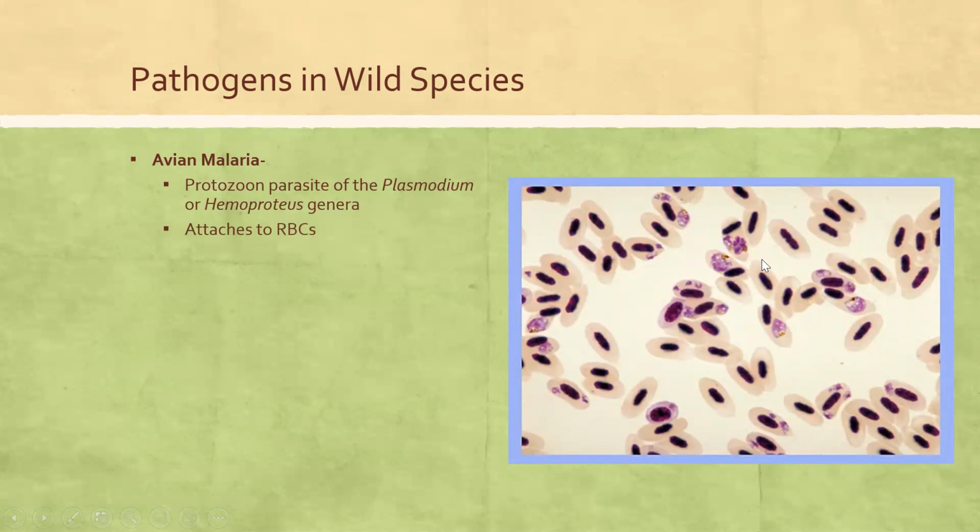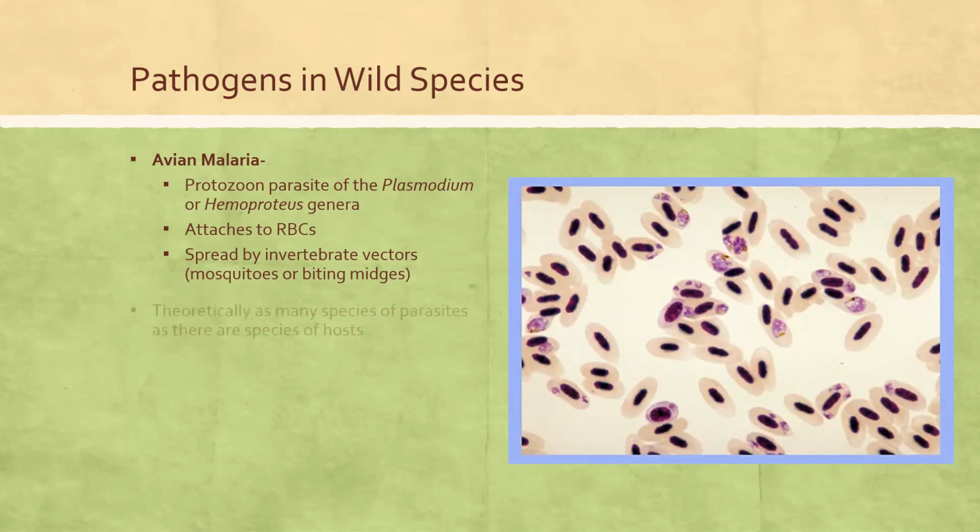All of these ovular shapes with dark purple nuclei are avian red blood cells, and these light purple structures attached to them are the malaria parasites. And malaria is spread, as you might know, by invertebrate vectors, mosquitoes for the Plasmodium genera, or biting midges, which spread the Haemoproteus malaria.